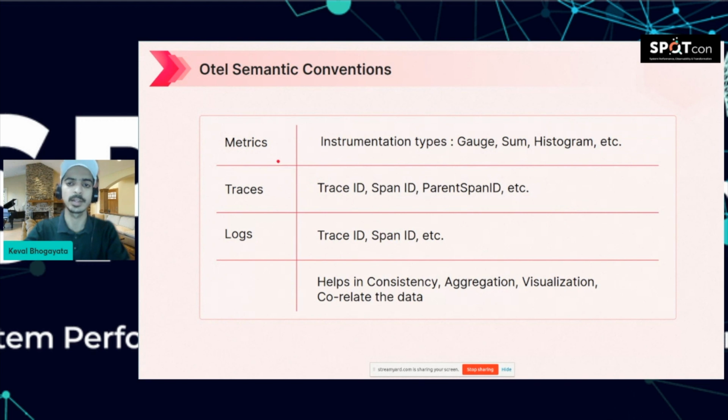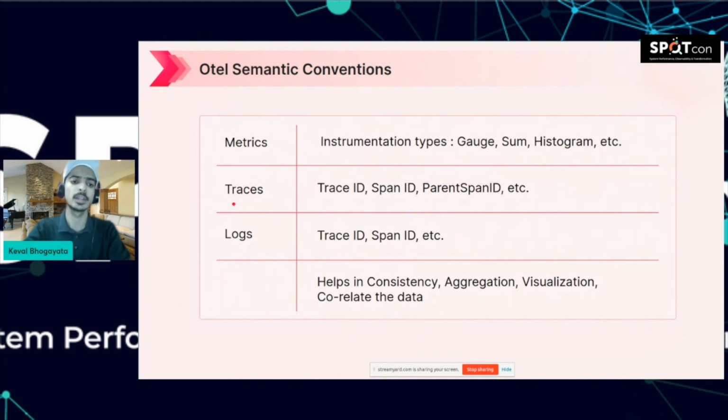Like for metrics, they have some instrumentation types, like gauge, sum, histogram, and they have some rules about the data type. They have the rules for unit. So if you follow the rules and collect the metrics in that particular way, then you will be able to create wonderful graphs out of it, because you will be easily able to aggregate the data, and you can make graphs out of it with Grafana, Prometheus, and all those tools.